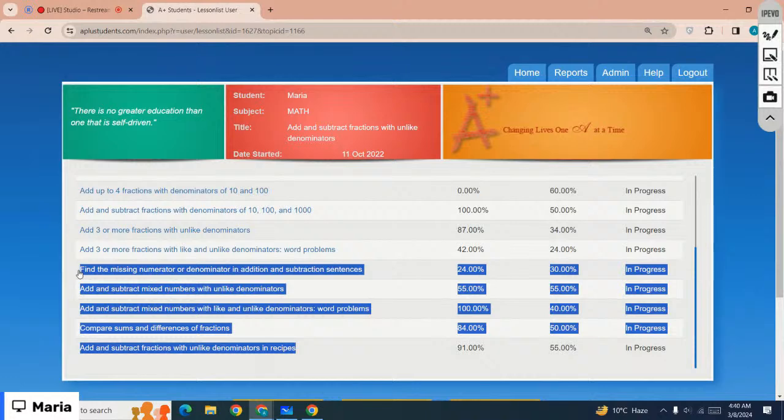Add and subtract mixed numbers with unlike denominators. Add and subtract mixed numbers with like and unlike denominators. You have to do the word problems on your own. Compare sums and differences of fractions, and add and subtract fractions with unlike denominators in recipes, right?